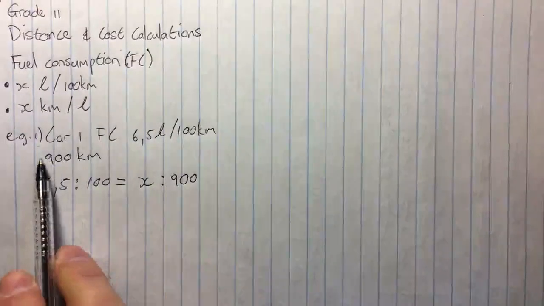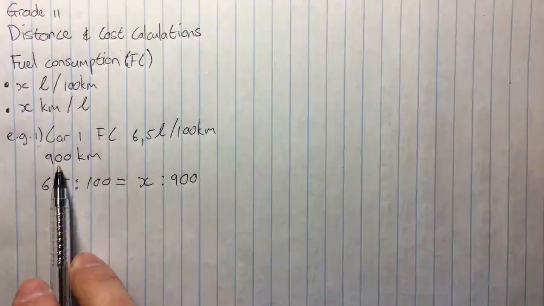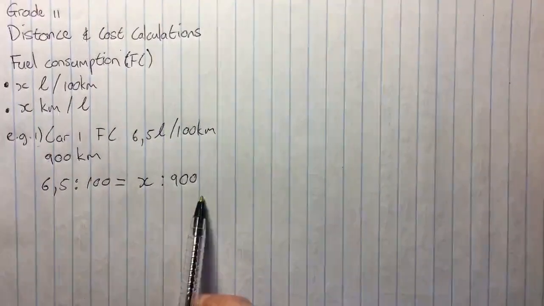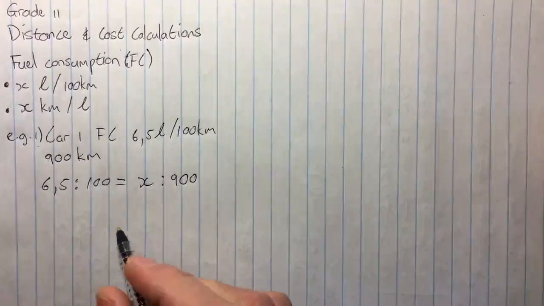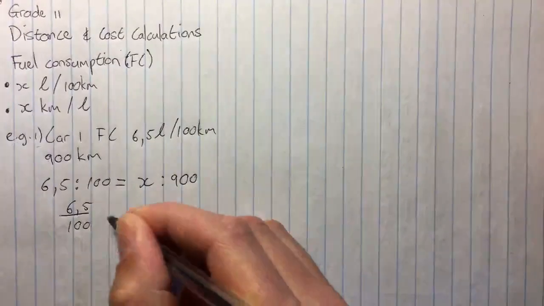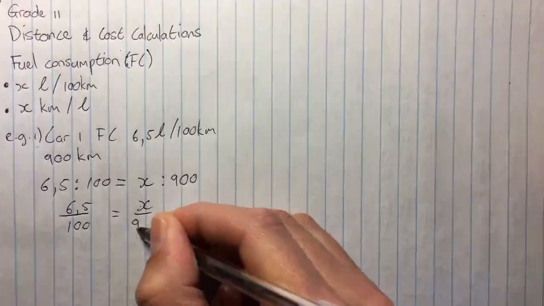We're looking for how many liters you would have to use for 900 kilometers if this is the fuel consumption. So we put these in a proportion. Now we can write it as a fraction. So we have 6.5 divided by 100 equal to x over 900.